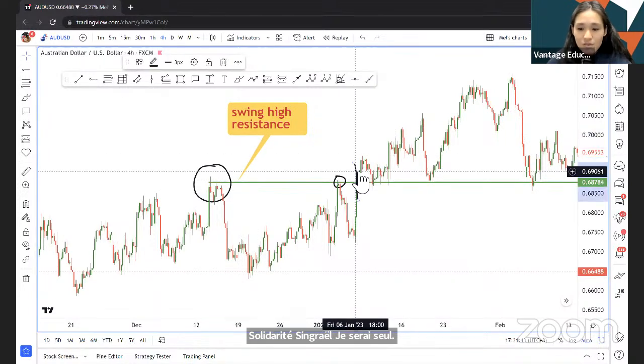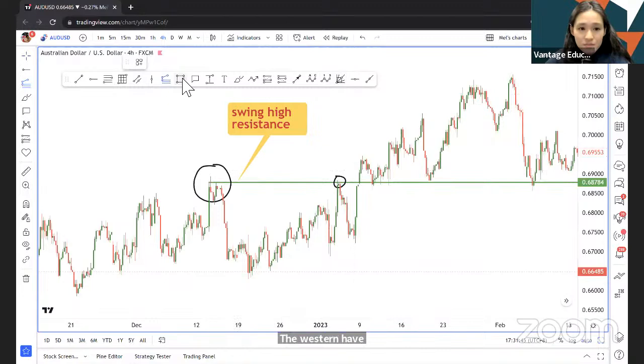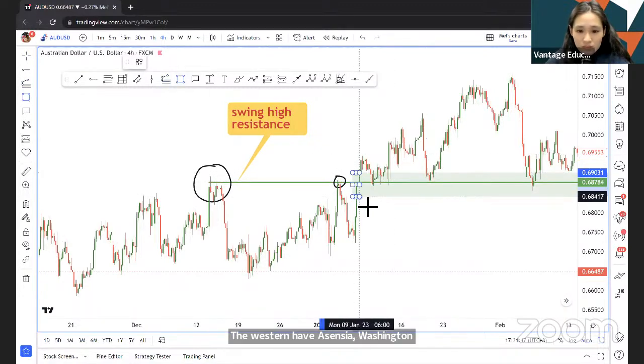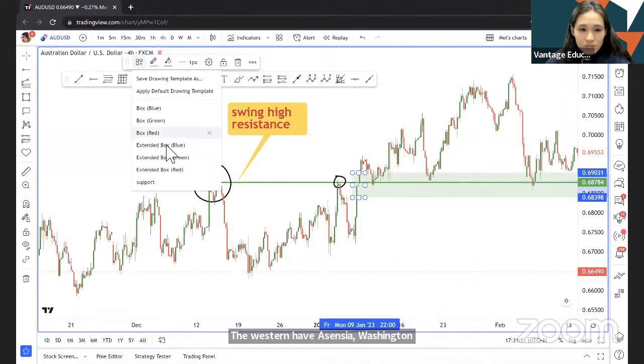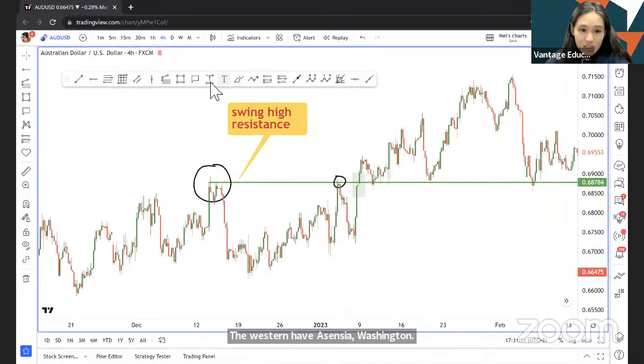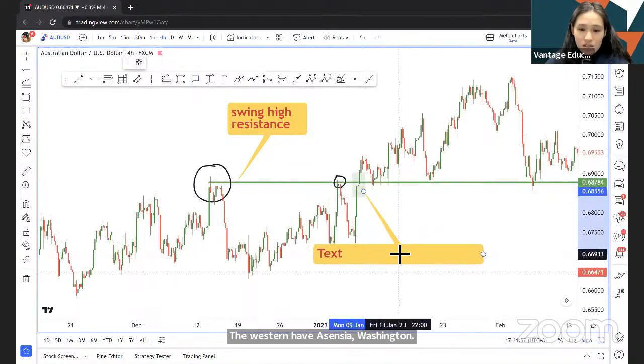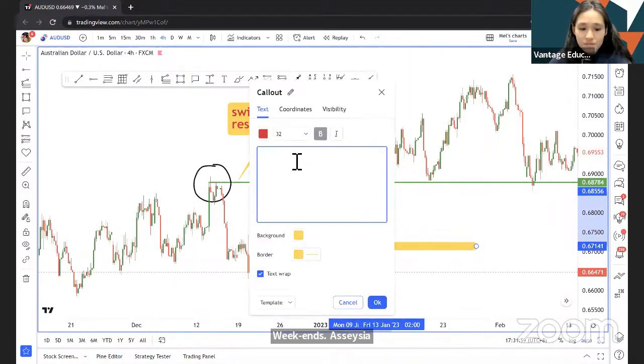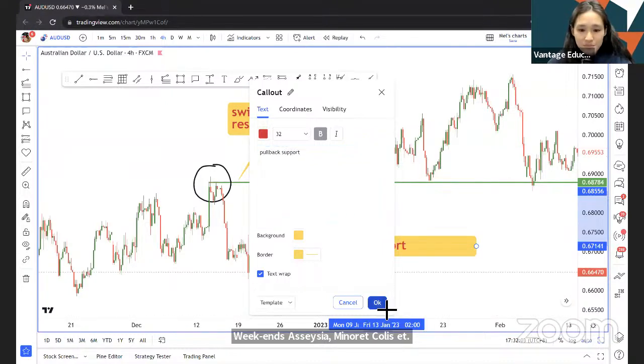Once price passes through this area, we now call this a pullback support.